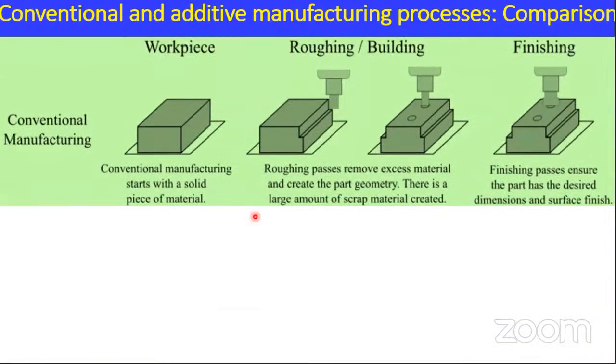So if you look quickly at how a component or a part would be manufactured through a conventional manufacturing route, we take, let's say, a solid workpiece, and then we hold it in, in this case, let us assume, a CNC machine.